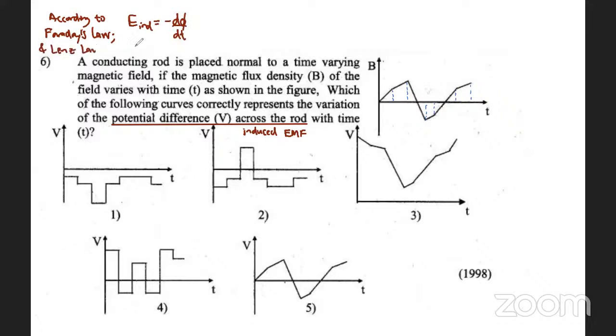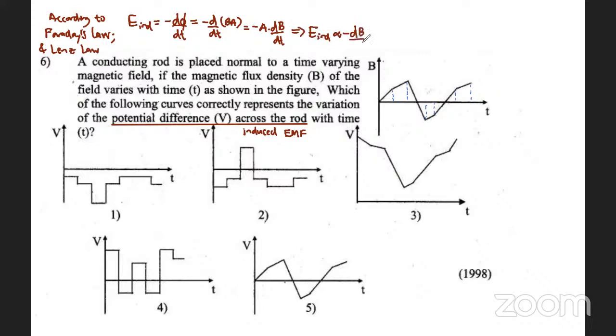Then we can adjust it this way: minus d over dt. Instead of phi we can put B times A, and A can be taken out. Therefore, I am getting minus A dot dB over dt. Now in the previous question it was d phi over dt, but here they have given you the B versus t graph. From that graph you can find the dB over dt graph, correct? So from this we can decide that induced EMF is proportional to minus dB over dt.